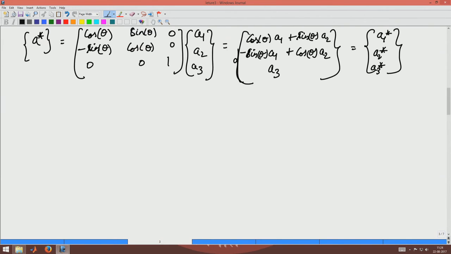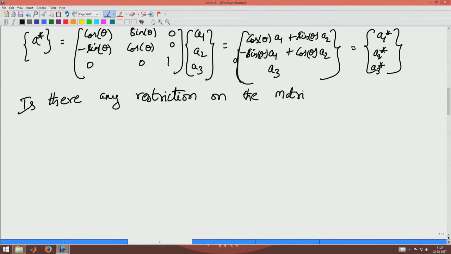Now, let us find, is there any restriction on the matrix Q. Okay. Let us answer this question.